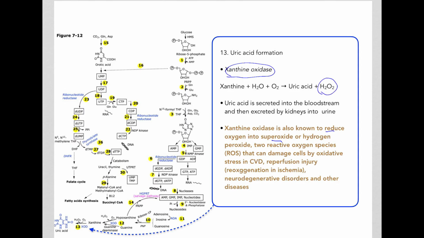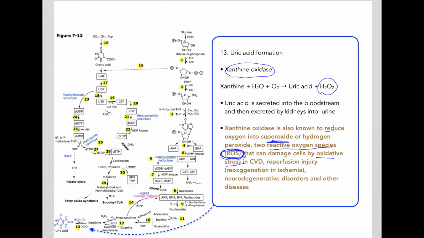Now, the enzyme xanthine oxidase is known to reduce oxygen into superoxide or hydrogen peroxide. These two chemicals, superoxide as well as hydrogen peroxide, are part of the reactive oxygen species. There are many reactive oxygen species; these are two of them. And these ROS have been associated with many diseases. They cause what we call oxidative stress.